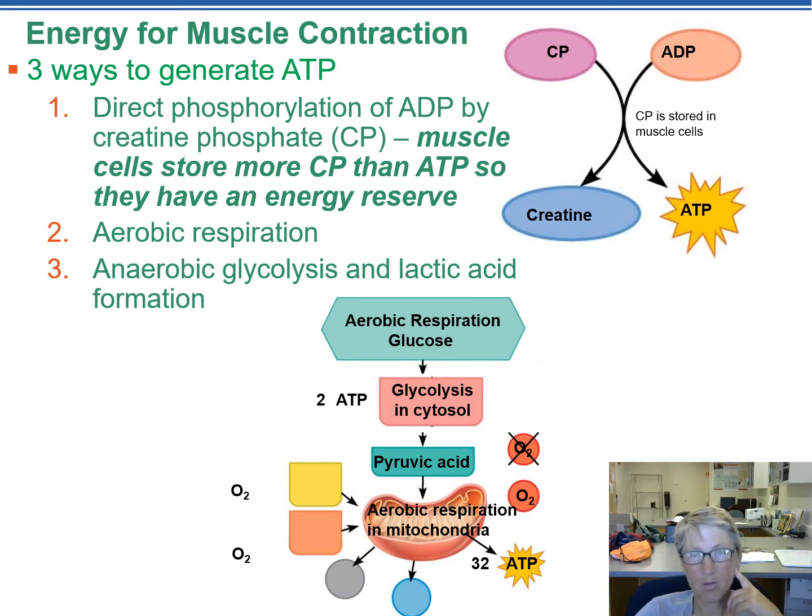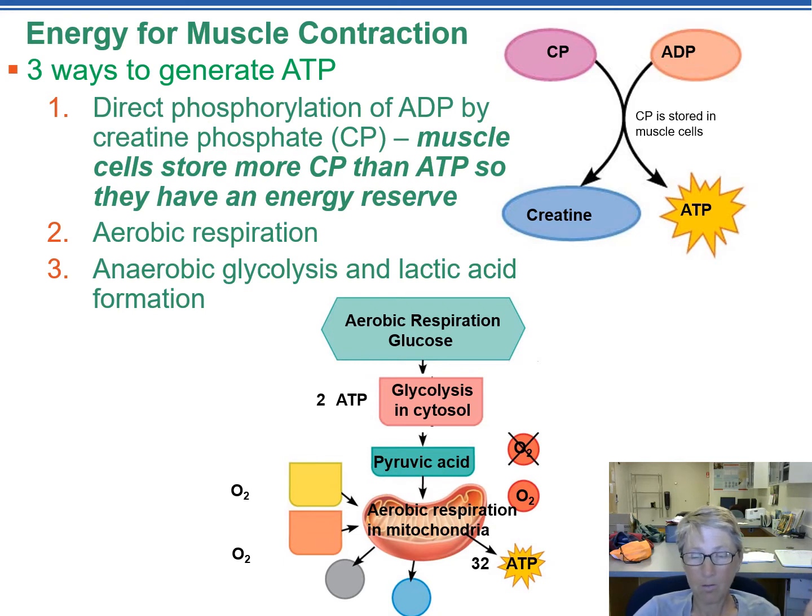So let's take a look at this cartoon. There's 3 ways to make ATP. But before we do that, let's look at this cartoon. So here it says aerobic respiration of glucose.